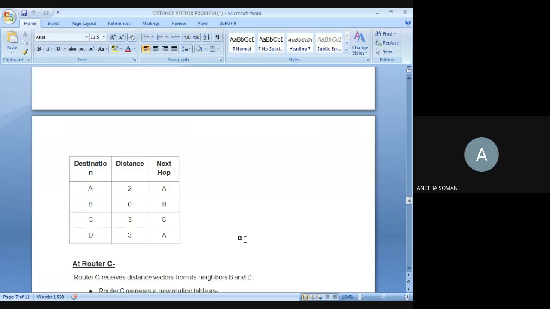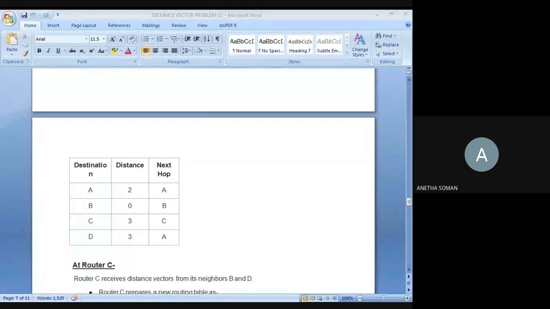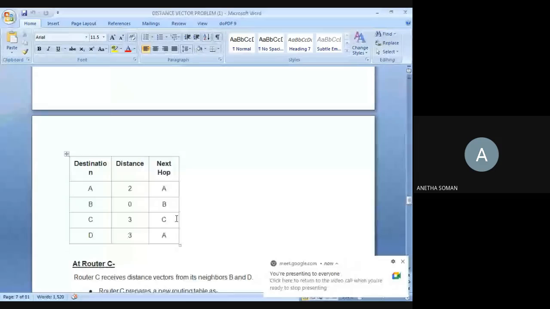Drishya Sunil, answer me. What is the routing table for C?